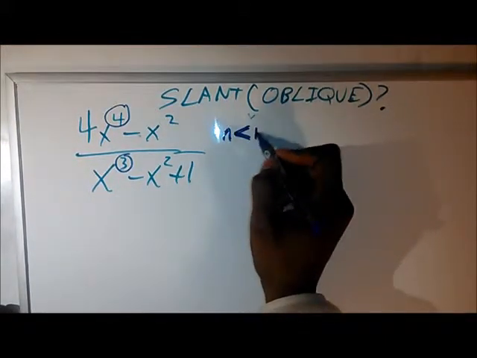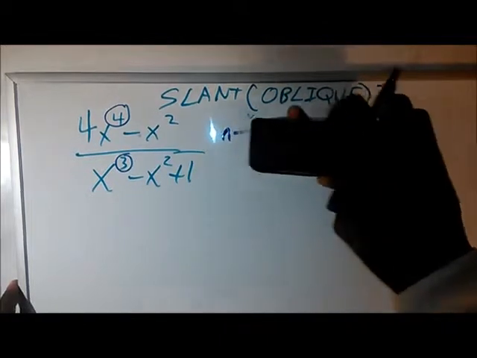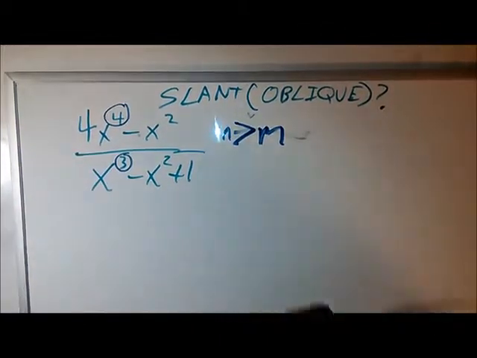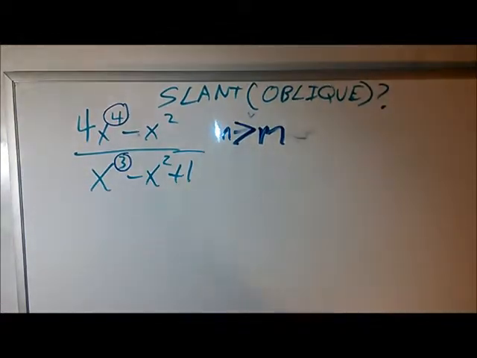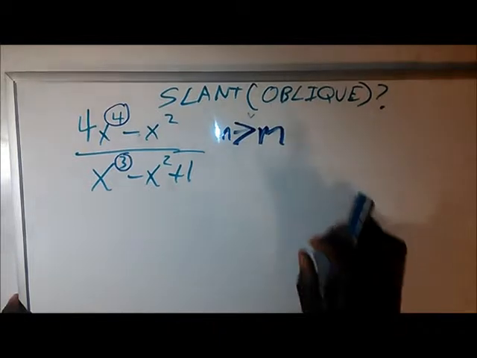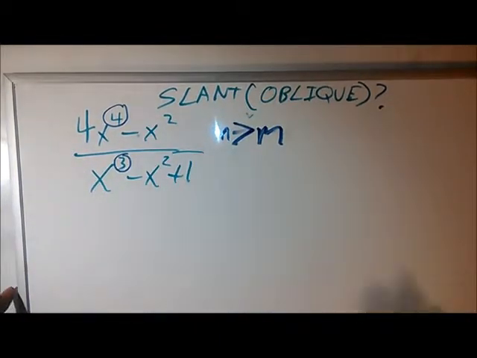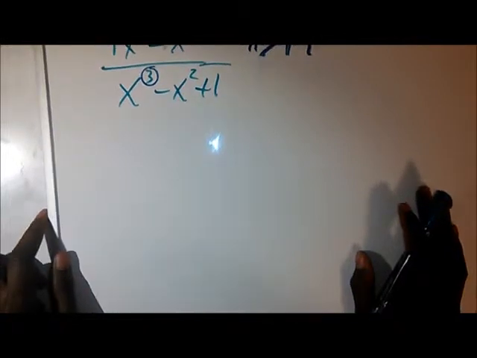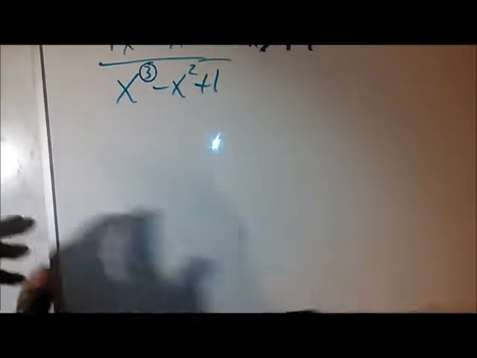So n is greater than m, isn't it? That means there could be a slant asymptote. To figure out if there is one, we have to do polynomial division to find out if there truly is a slant asymptote. Of course, there are shortcuts, but for now you need to understand what's going on.